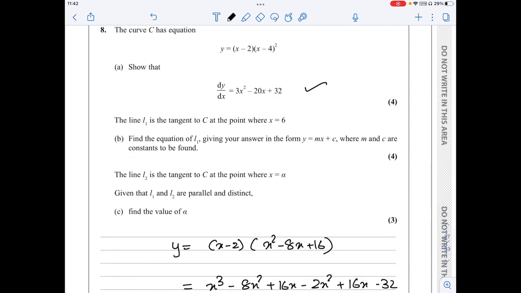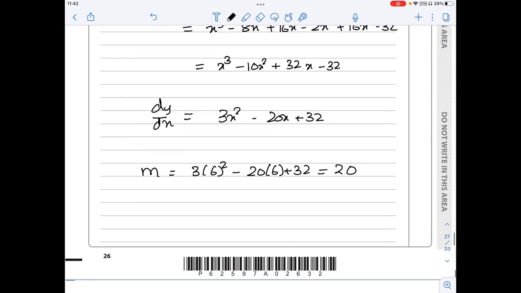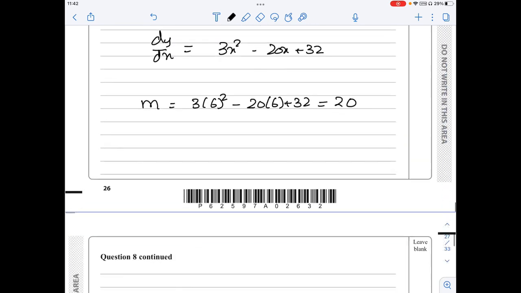Then the line L1 is a tangent to C at a point where x equals to 6. Find the equation of L1. So at x equals to 6, find the gradient: 3 times 6 whole square minus 20 times 6 plus 32. So how much is that? 20 is the gradient. I need to know the value of y also.